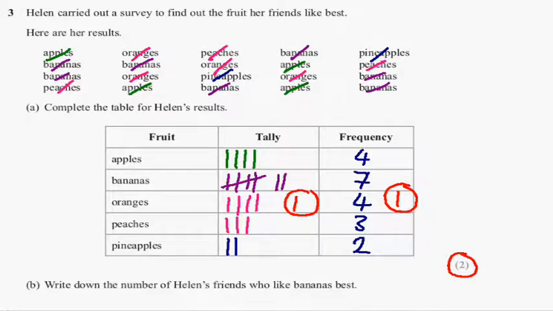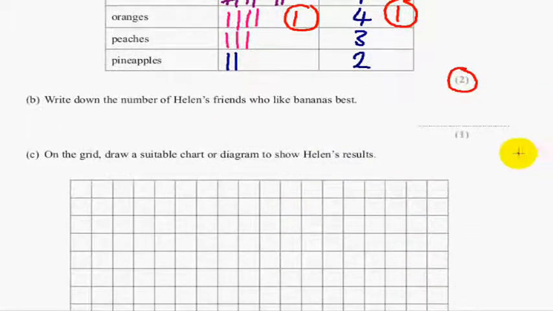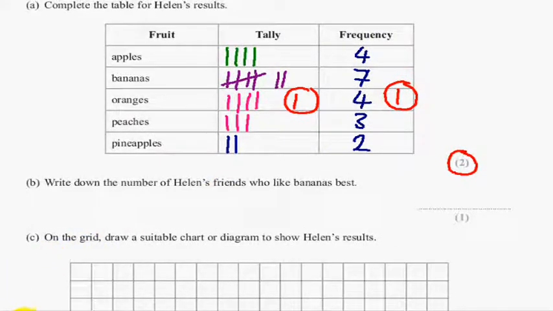So, question B. Write down the number of Helen's friends who like banana best. So there were 7 people who liked banana best. So part B is only worth 1 mark, so they have to see 7 to get that mark.